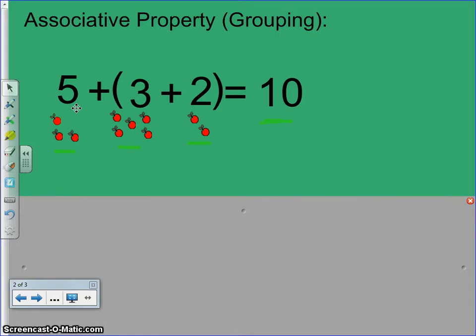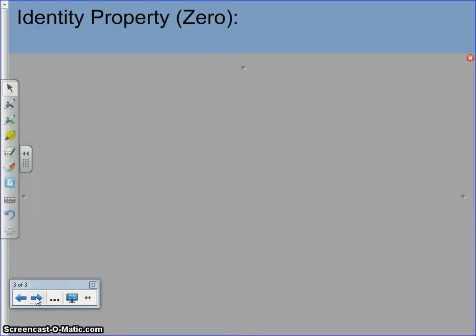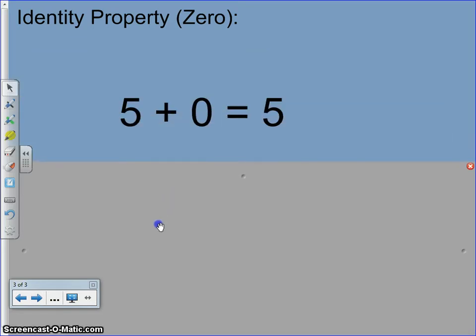And finally, we have the very last property, and this one's the easiest one to remember. It's called the identity property, or also known as the zero property, because this has to do with the number 0. And basically, the identity property tells me that when I add any number to 0, or if I add 0 to any number, I'm always going to get that number.